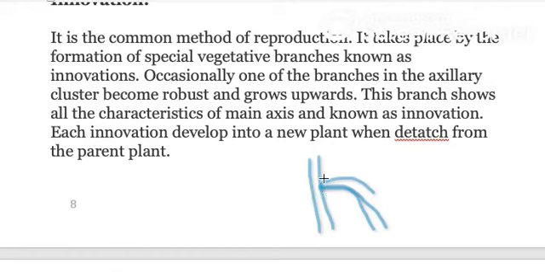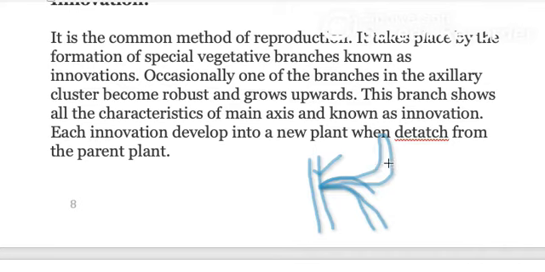So from this axillary cluster, one of the branches suddenly becomes very strong, and this branch will start to grow upwards like this. Okay, and this branch will have the characteristics of the main stem.